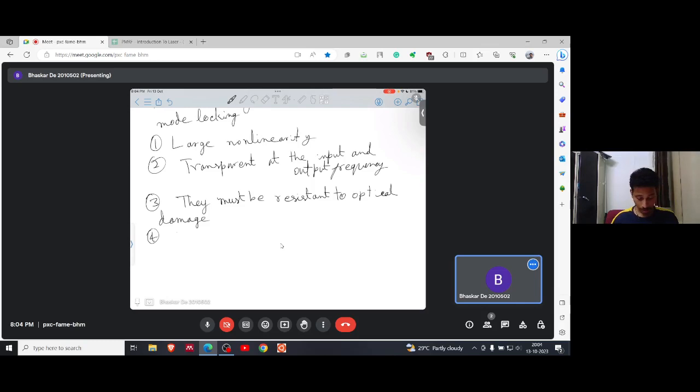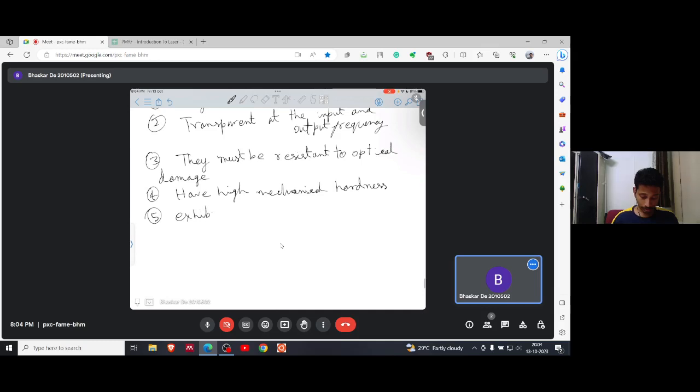Or have high mechanical hardness, exhibit good thermal and chemical stability.